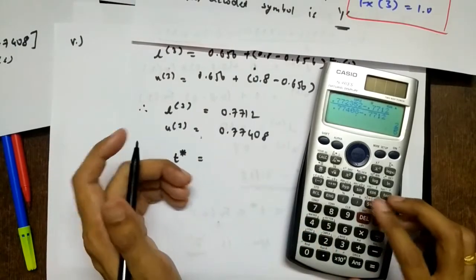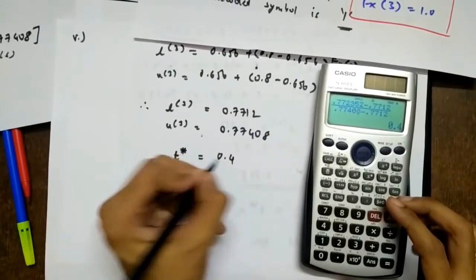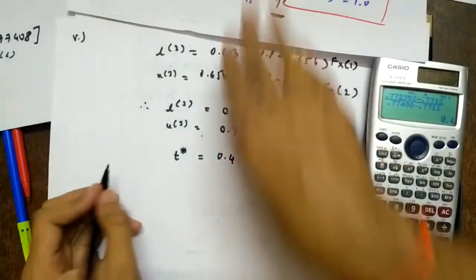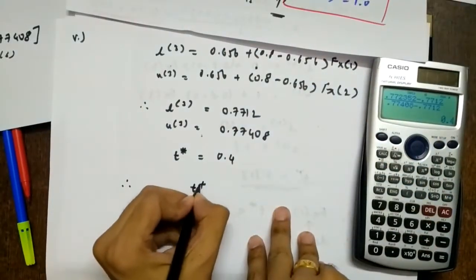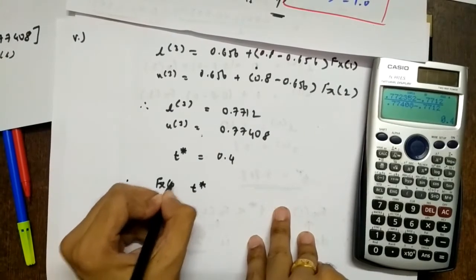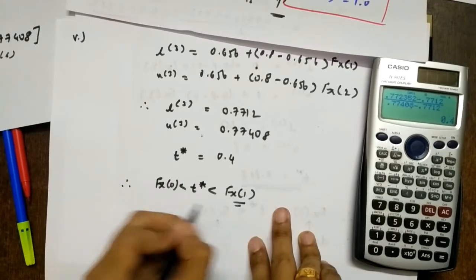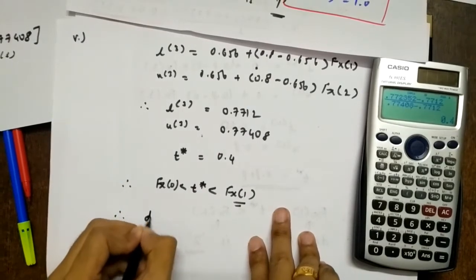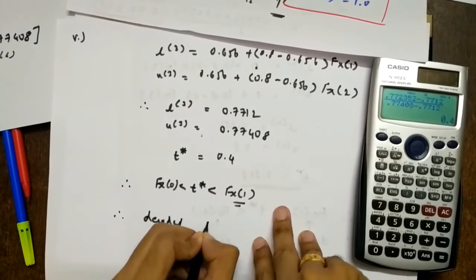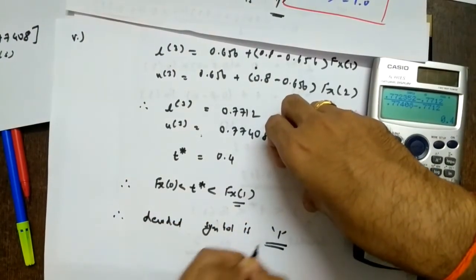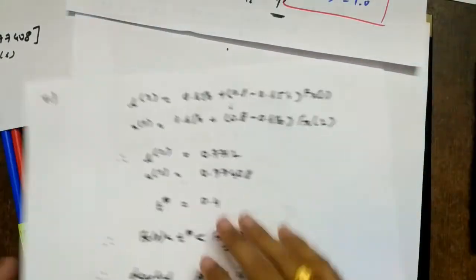So this is 0.4. So 0.4 lies between fx of 0 and fx of 1. So therefore t star lies between fx of 0 and fx of 1. So this should be our decoded symbol. Therefore, decoded symbol is 1.